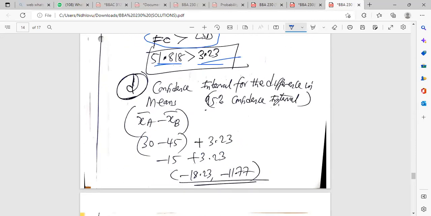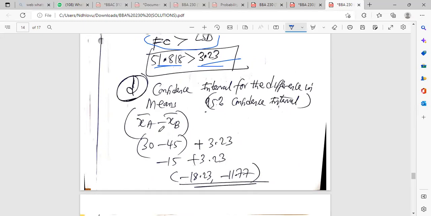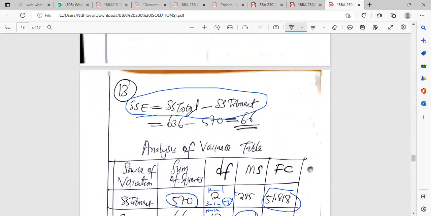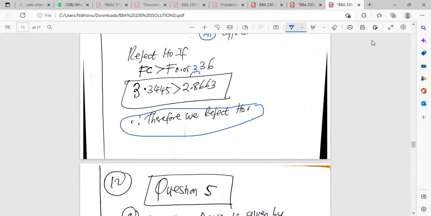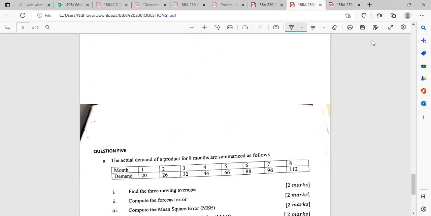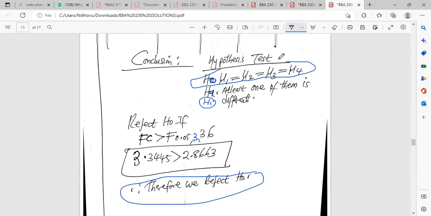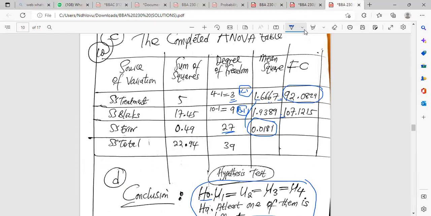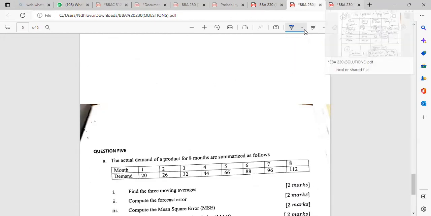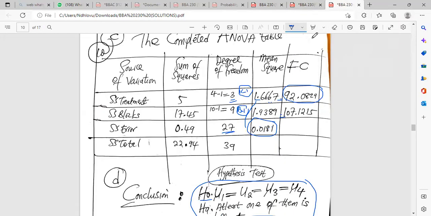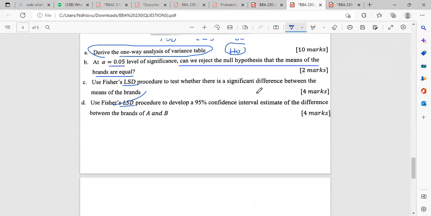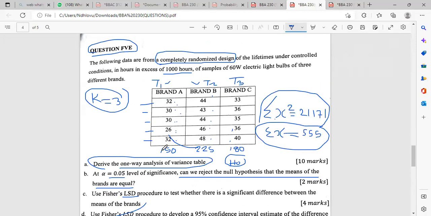Then the last one, the confidence interval for the difference using the LCD. So X bar 1 is 30, the mean of 1, the average of each of these. From here the mean of this one was 30.